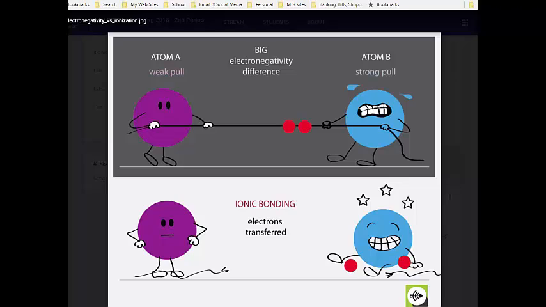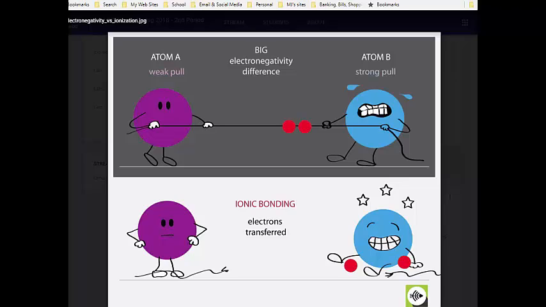But between two nonmetal atoms, that sharing doesn't happen evenly unless they're the same atom. For example, oxygen bonds with oxygen to make O2. That's the oxygen we breathe in the air. That's an even sharing of electrons. But if you put carbon and oxygen together, carbon and oxygen don't share evenly. Or hydrogen and oxygen, they don't share evenly.